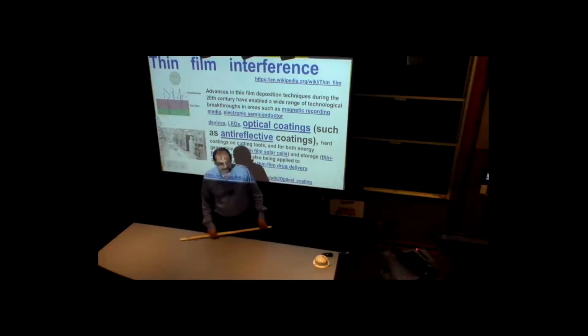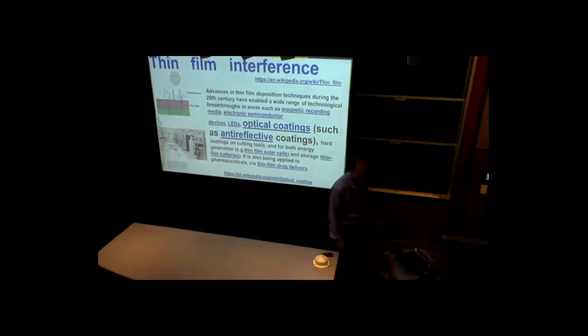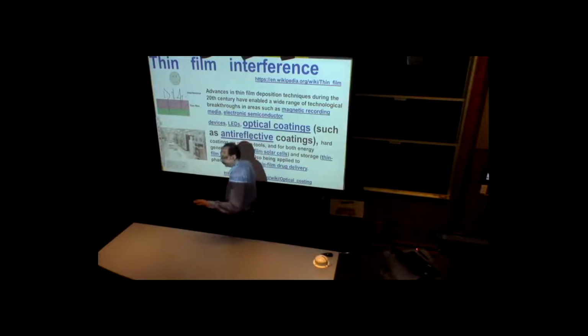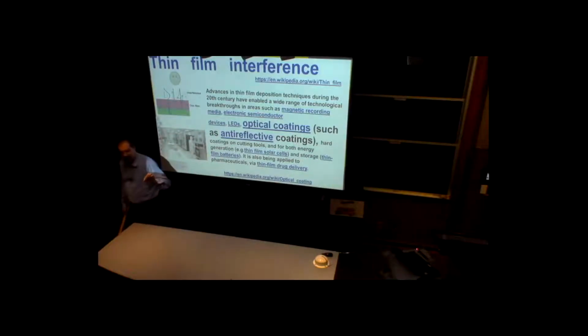All right. What is a thin film? A thin film is a very, very thin film. What does it mean? It means you have to have something thick, put something very thin but transparent on top of it, and have something thick and transparent on top of that.